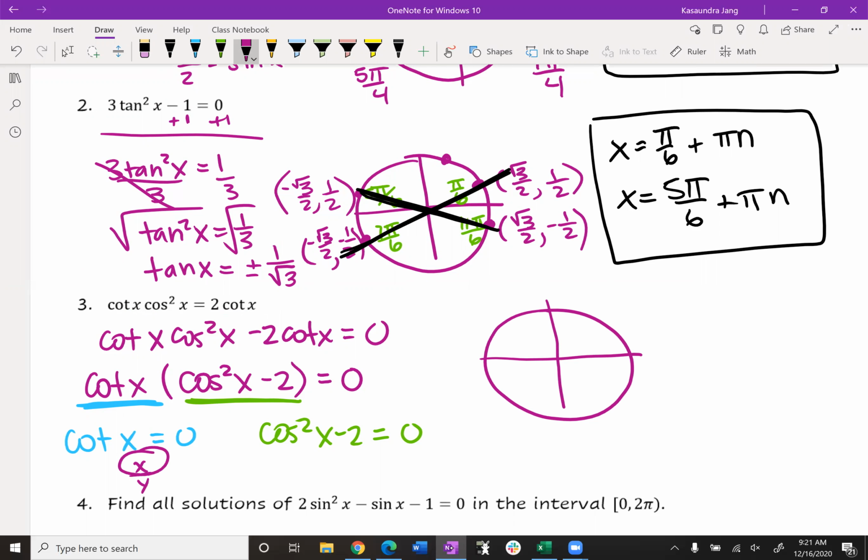I don't want to divide by 0. I want the numerator to be 0. So my x values on the unit circle are 0 up here. This is the point 0, 1. Down here, this is the point 0, negative 1, but both of those x values are 0.